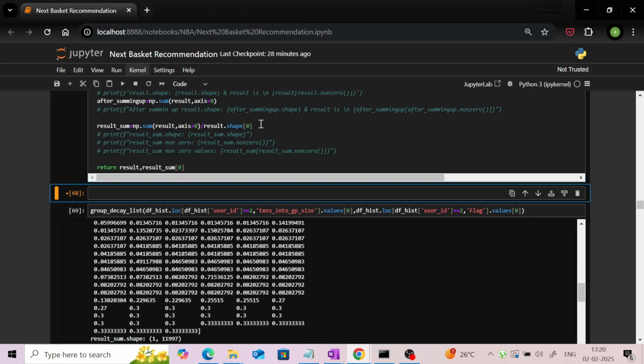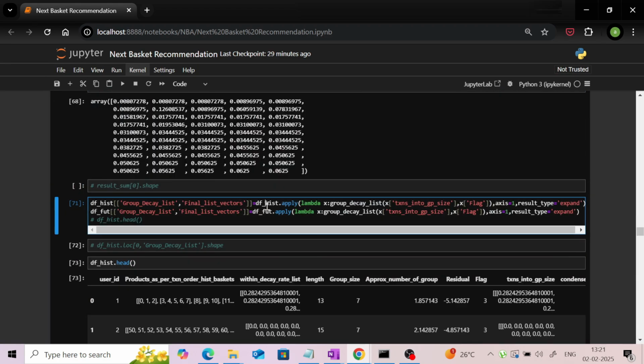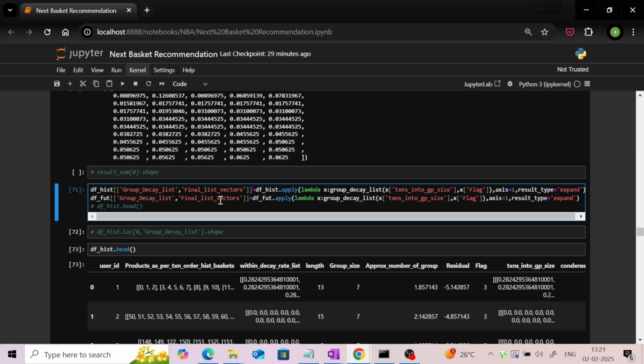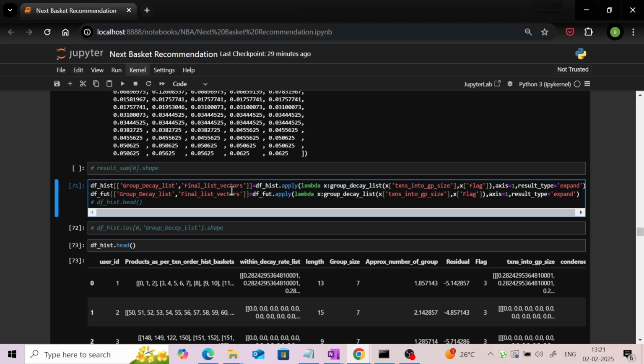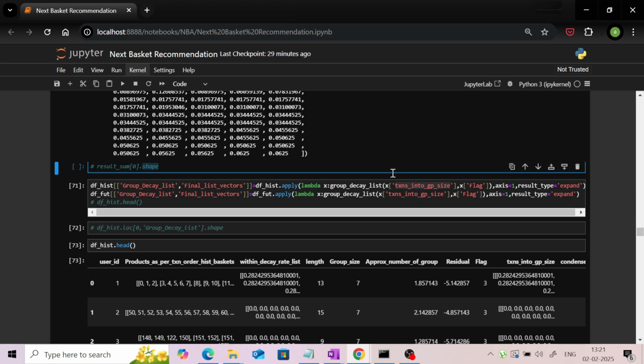Similar to this purchasing profile of user ID 2, we'll be running it for all the users that we have in the database. So over here we can see we are calling the group decay list, and we are passing two parameters.